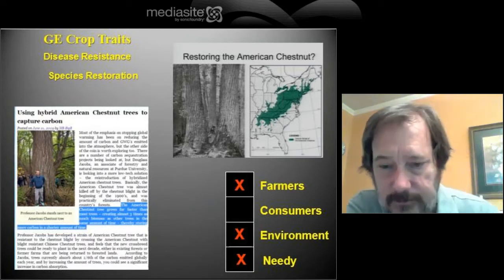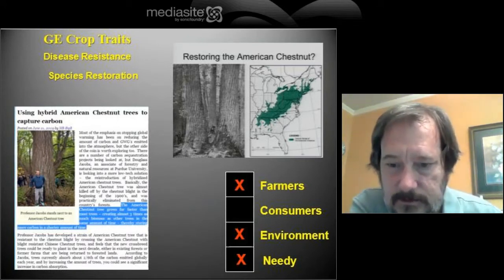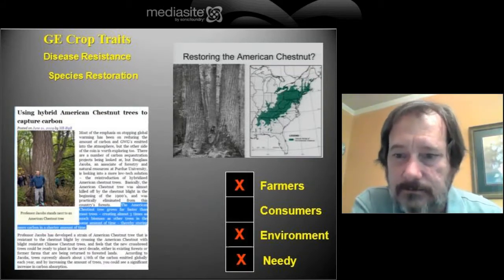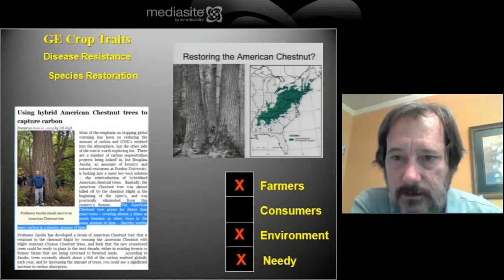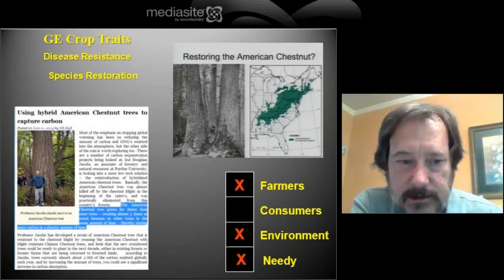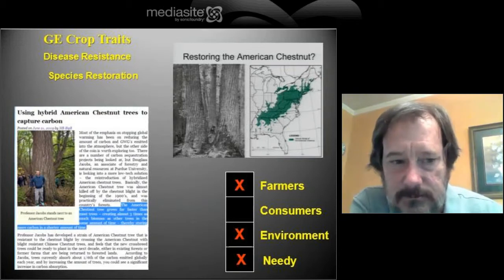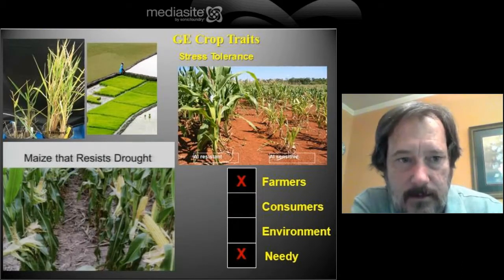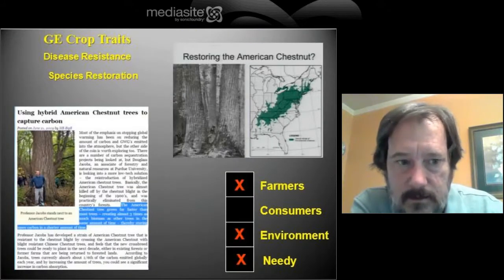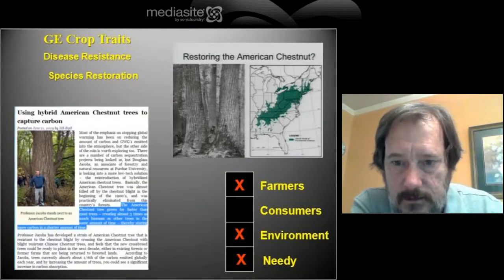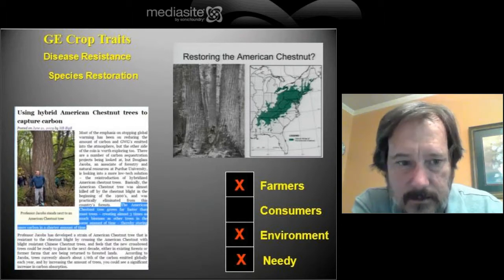There are few trees left, and researchers have been working, and they particularly worked with a gene out of wheat. They moved from wheat to confer resistance to the chestnut blight. So that's certainly interesting, and would certainly be beneficial to the environment to have chestnut trees back.